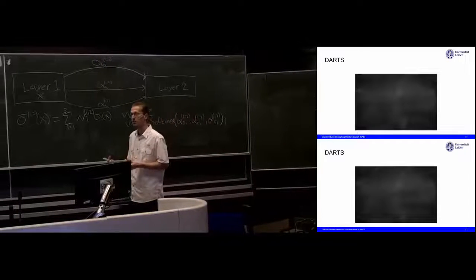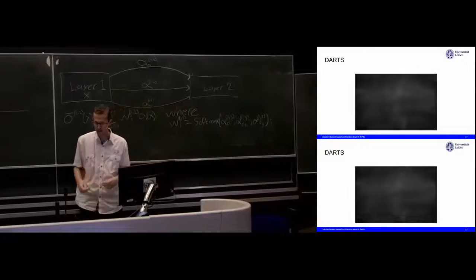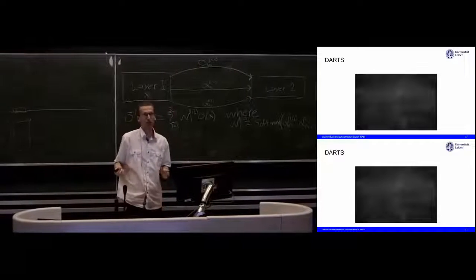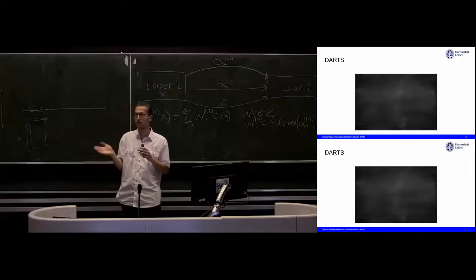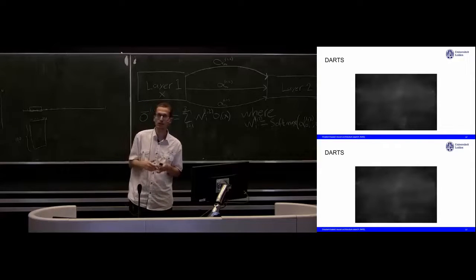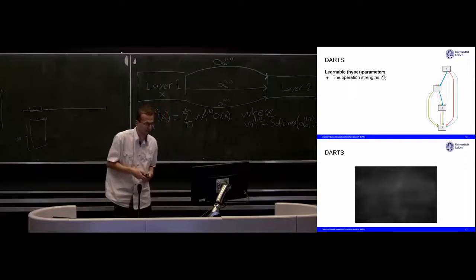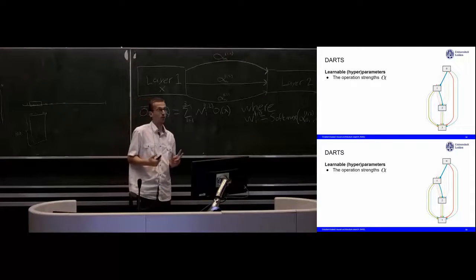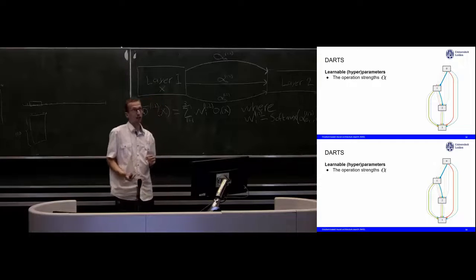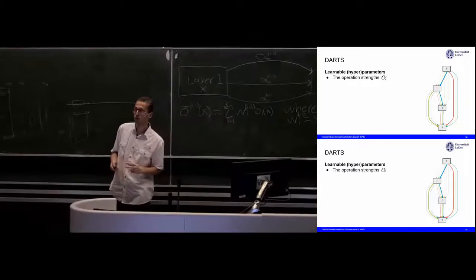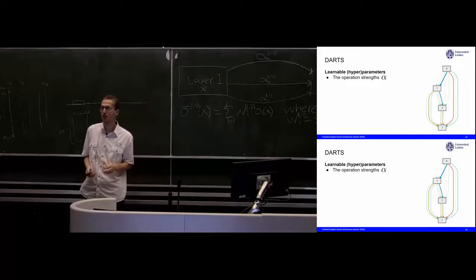Okay, and that's basically how DARTS works. So we have a candidate set of operations. We define this mixture graph over these different operations, and we mix them using these coefficients. So the learnable parameters, or hyperparameters, are then the operation strengths. But of course, you also still have the weights of these operations.